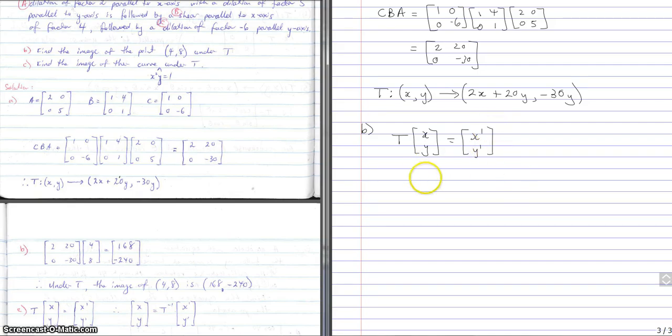Okay, so it just happens that our point is (4, 8). We multiply that by our transformation [2, 20; 0, -30], and we multiply that through. 2 4s are 8, plus 20 times 8, which is 160, so that's 168.